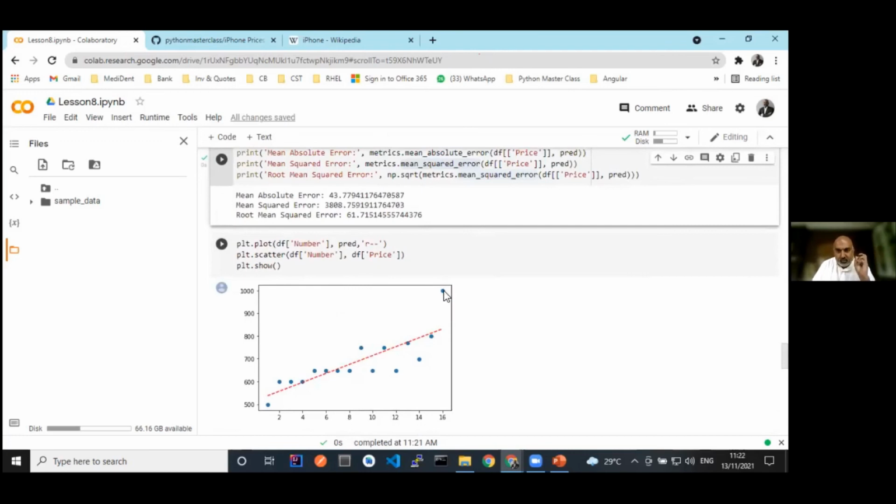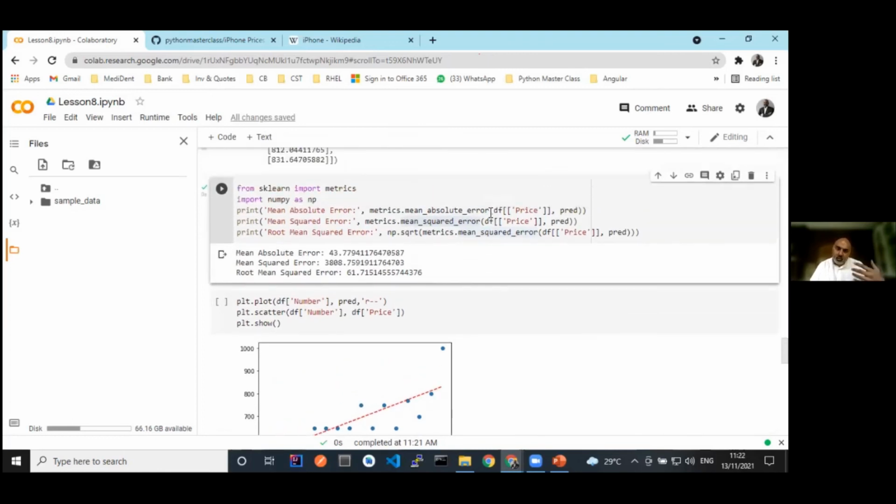If I took away this value, I could improve my prediction. One way of doing it is by removing column number 16.